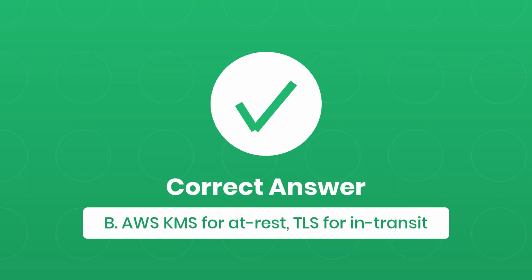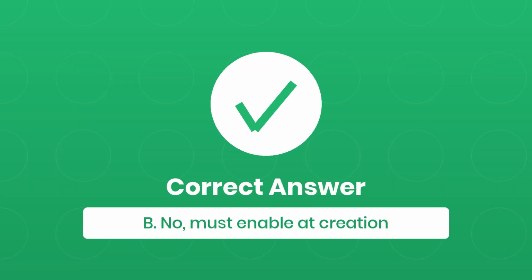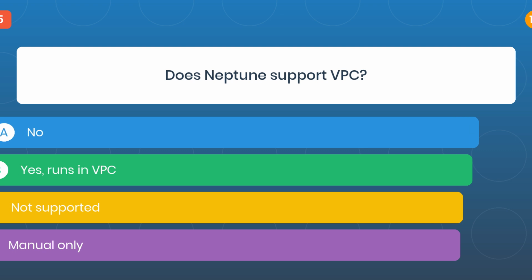The correct answer is B, AWS KMS for at rest, TLS for in transit. Question 24. Can you enable encryption after creation? The correct answer is B, no, must enable at creation.